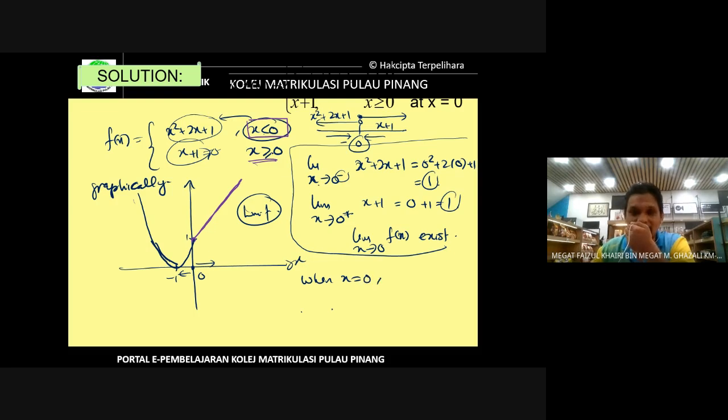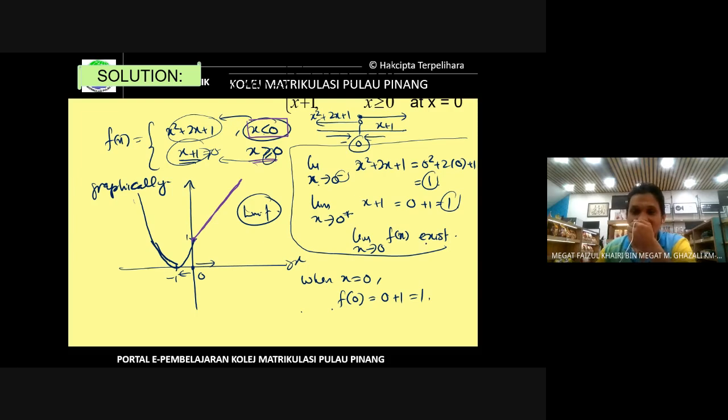When x greater than or equal to 0, x exactly equal to 0, this belongs to the function of x plus 1. So f(0) equal to 0 plus 1, which is also equal to 1.